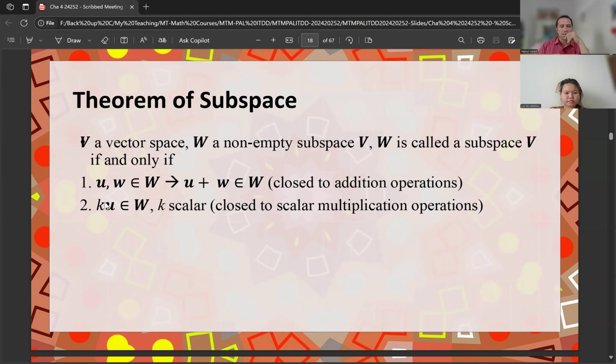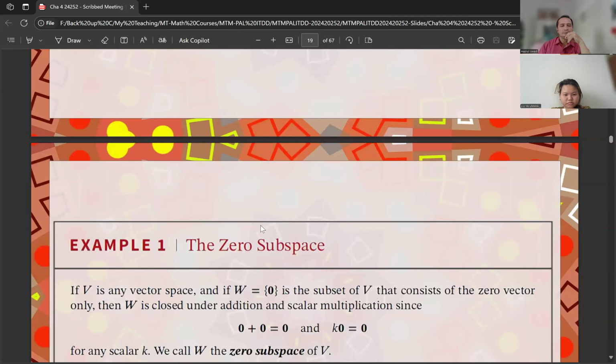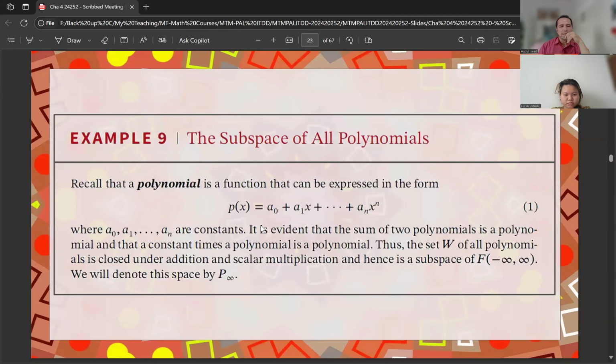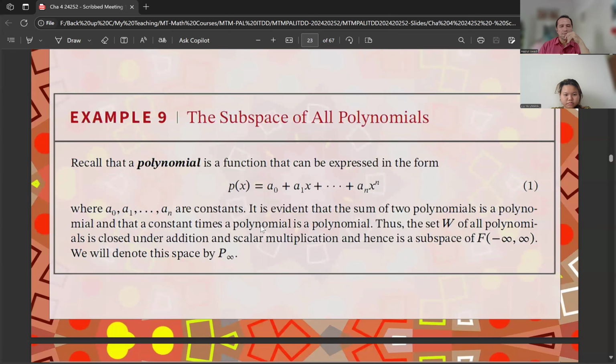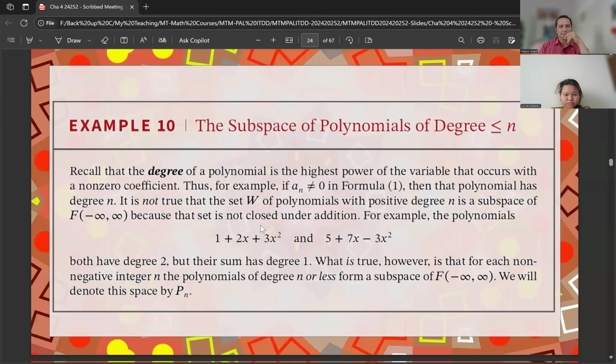Also, we can multiply a vector by a scalar, and the result must also be in W. So we call it closure under scalar multiplication. And we have seen some examples of subspace or not a subspace.